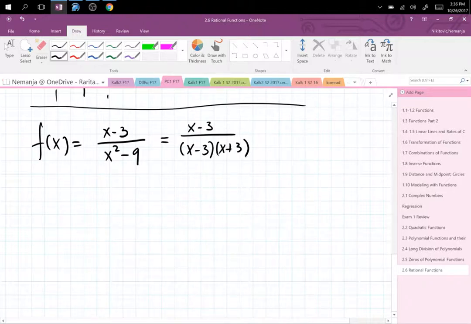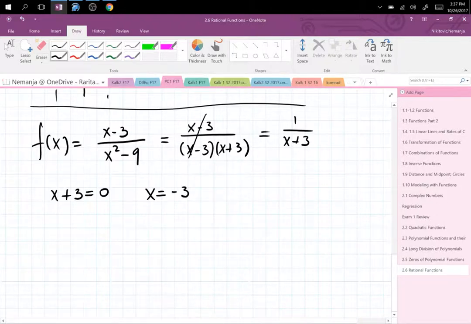And if you see over here, x minus 3 cancels, and the actual function that we should consider for the asymptote is just 1 over x plus 3. And that, for our vertical asymptote calculation, provides a single vertical asymptote at negative 3. The positive 3 is not a vertical asymptote.